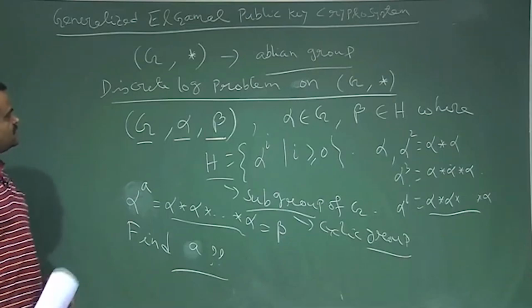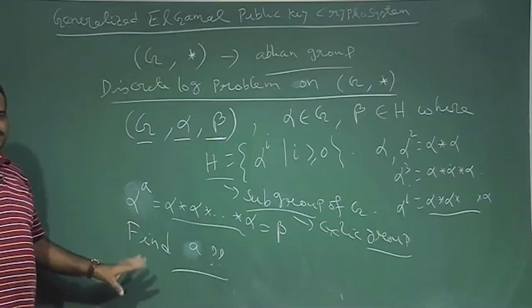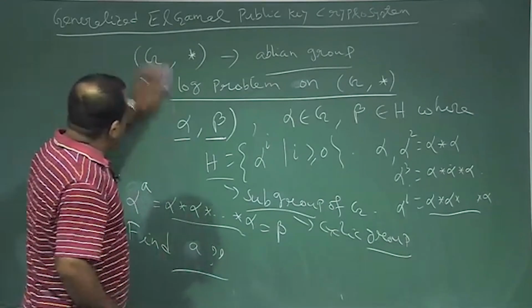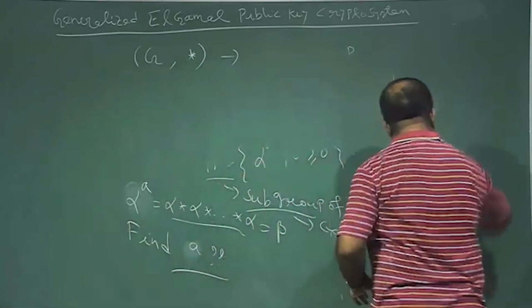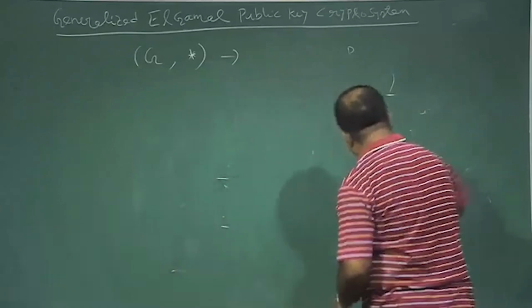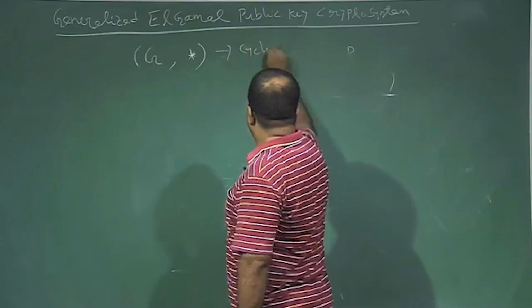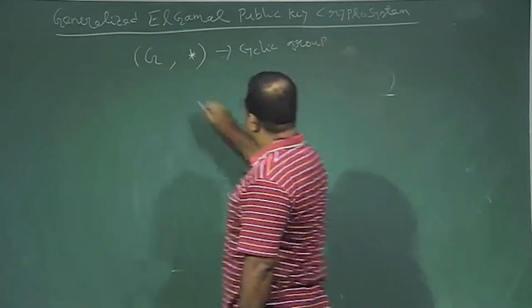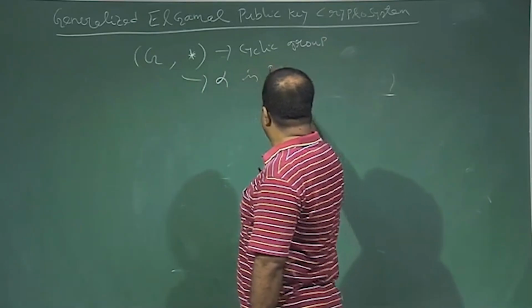So this is the discrete log problem. For simplicity, we are taking our group to be a cyclic group. This is the general case, but suppose G is a cyclic group and alpha is the generator of this group, a primitive element.